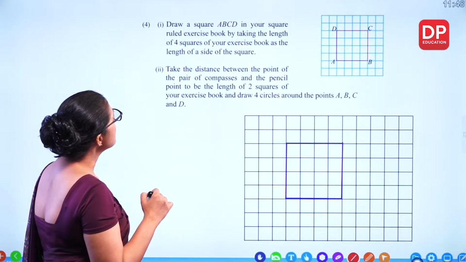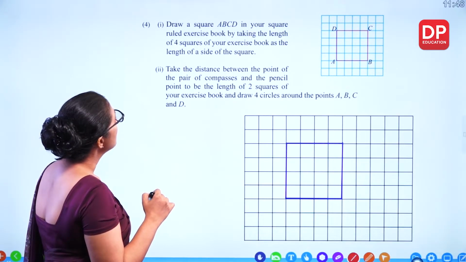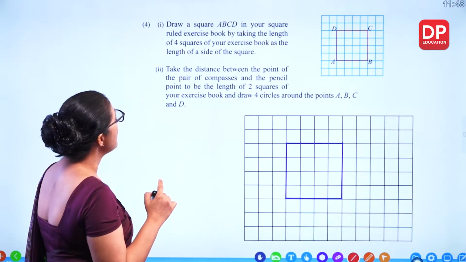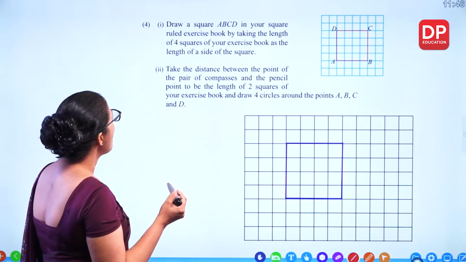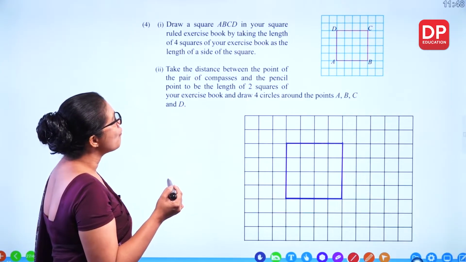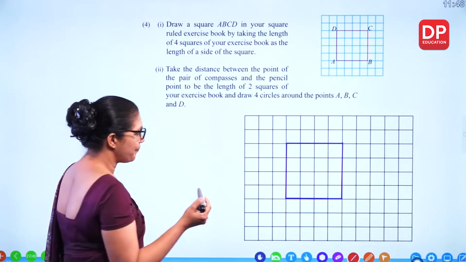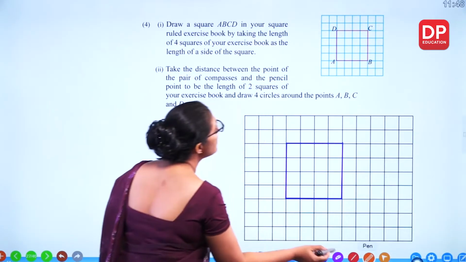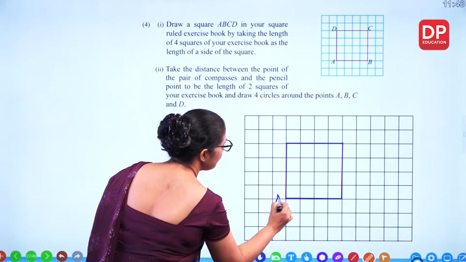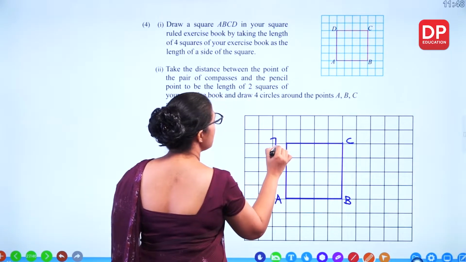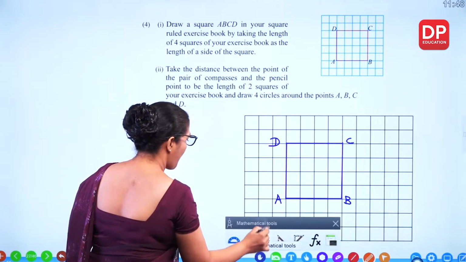Then take the distance between the point of the pair of compasses and the pencil point to be the length of 2 squares of your exercise book and draw 4 circles around the points A, B, C and D. So we'll first mark the points. This is A, B, C, D. Now take the compass.